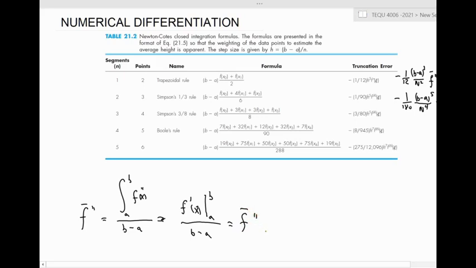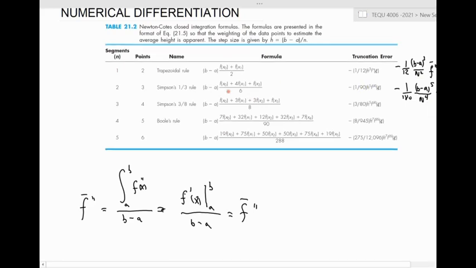All right, likewise, for Simpson's 1/3 rule, the table shows the formula for only one application, and this is the error for only one application. Nearby I have the formula for Simpson composite, when n is an even number, such as 4 or 6. It's basically the same, but then you need the average of the fourth derivative.